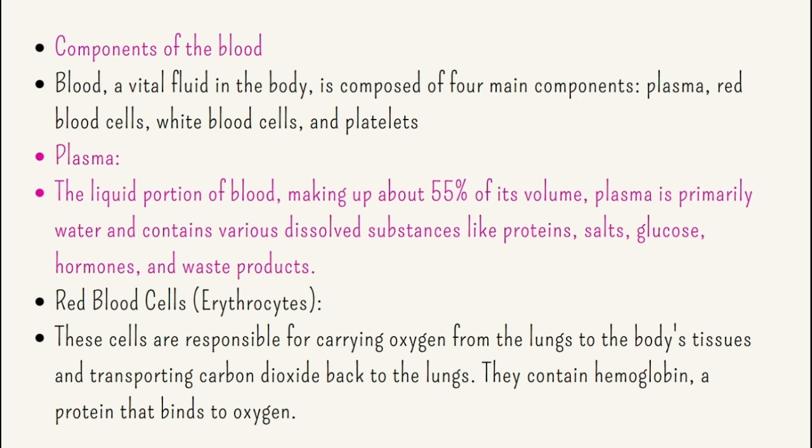Now this word right here, erythrocytes, I can't even pronounce it myself, but it's the same thing as red blood cells, just the more technical name. But just remember that plasma is the liquid part of the blood, and red blood cells carry oxygen and contain hemoglobin. So just remember those main things about these two.